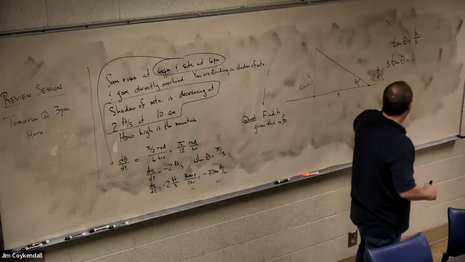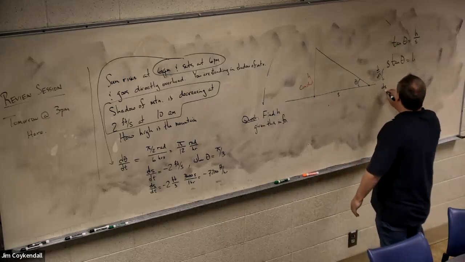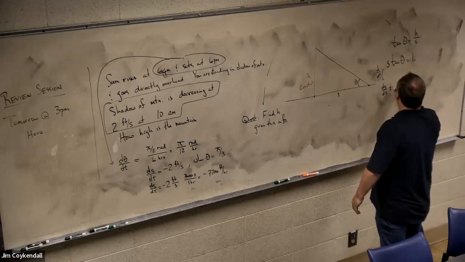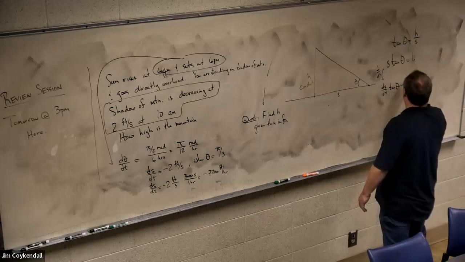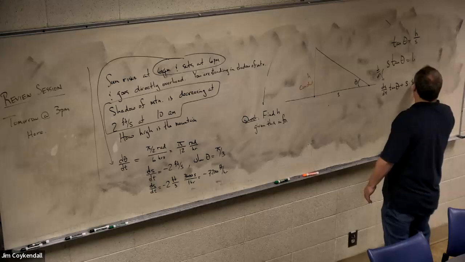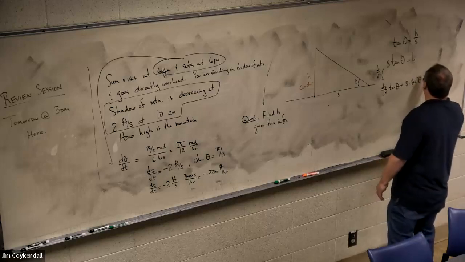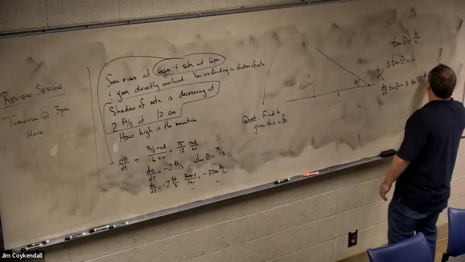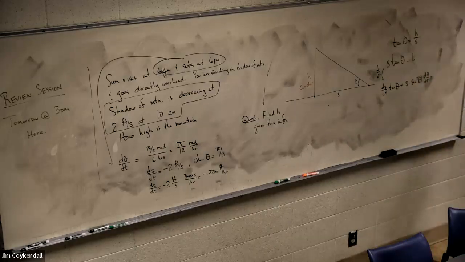So this is a product. So I get S dT tangent theta plus S secant squared theta dT is d theta.